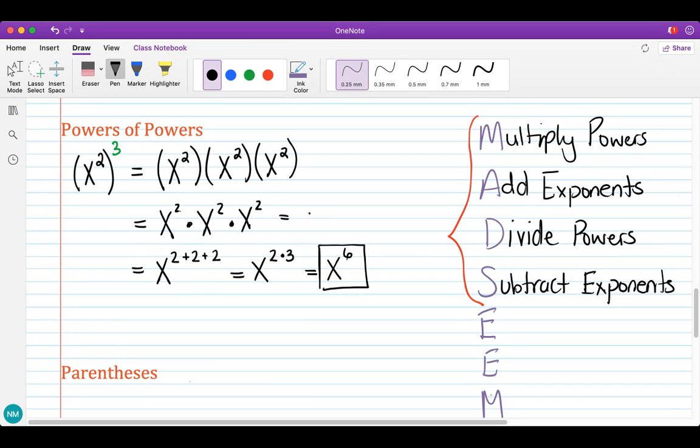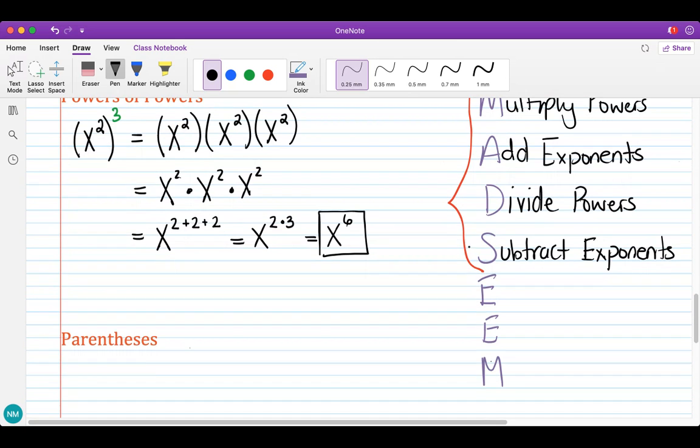And again, if we write this out, x times x, which is x squared, times x times x, which is another x squared, times another x squared, how many x's do I have? 6 x's. So what is the conclusion here? I'm going to erase this, and now we're focusing on this today.